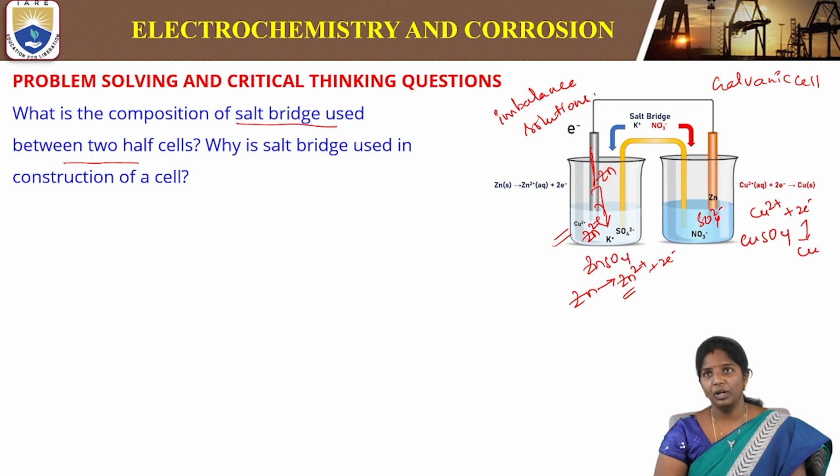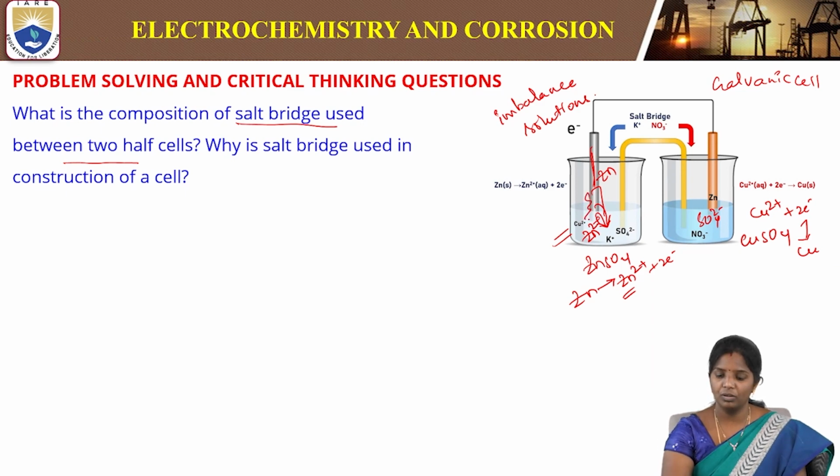Whenever there is an imbalance in the ionic state, the cell will stop working, because no further zinc ions will come out, since zinc ions are already present and build up around this rod. So for that we are using a salt bridge that contains KNO3 or KCl.